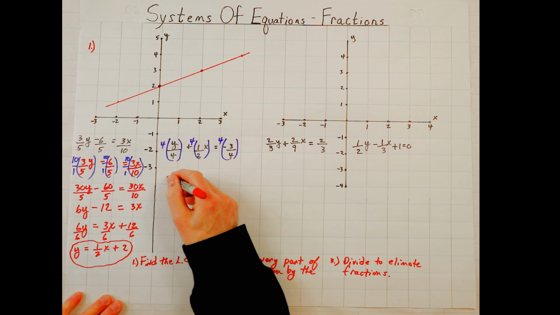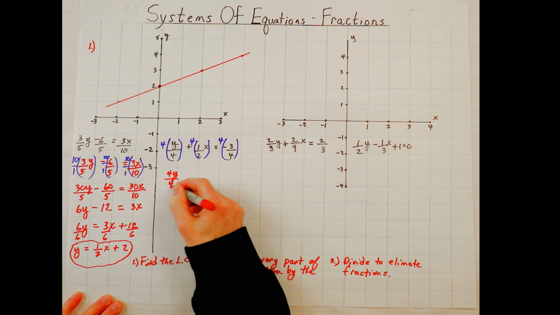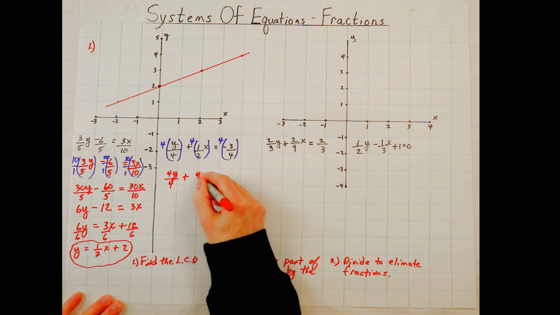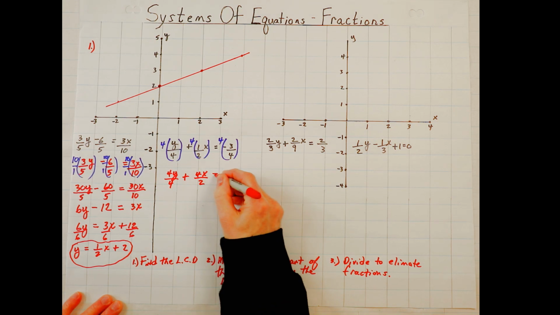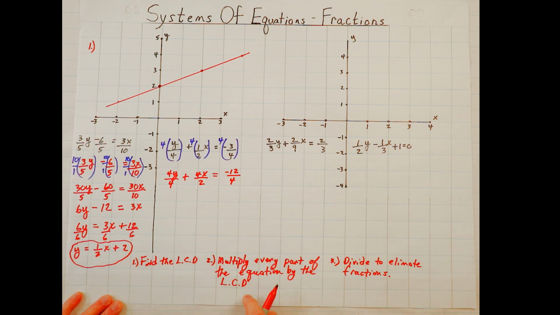4y on the top, and we just keep the 4. 4 times 1x is 4x over 2. 4 times negative 3 is negative 12 over 4. That's not too bad.